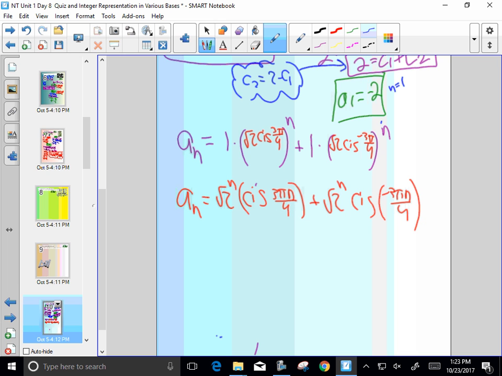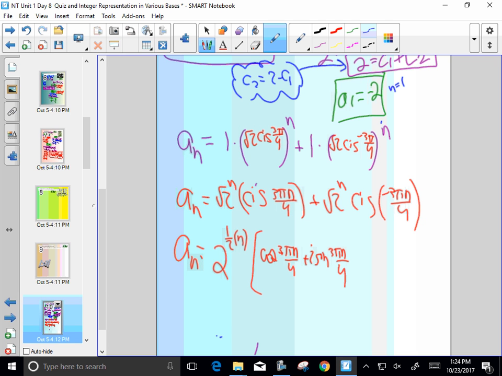What could I factor out? Yep. And this is 2 to the 1/2 to the n, which we'll come back to. This is the cosine of 3 pi n over 4 plus i sine 3 pi n over 4.